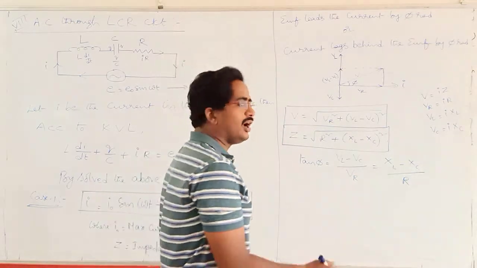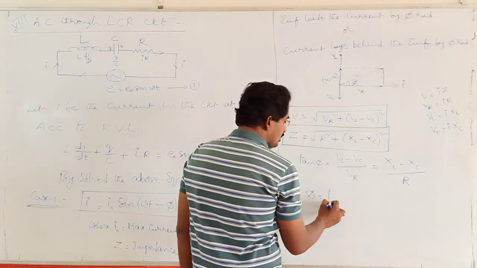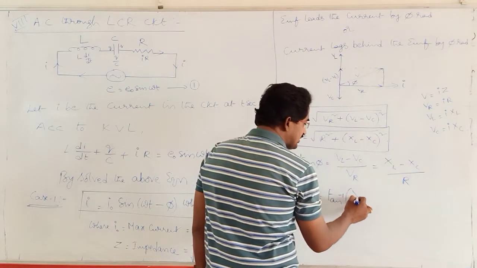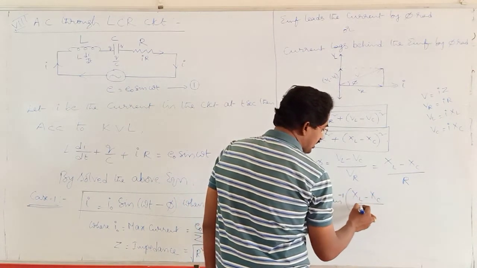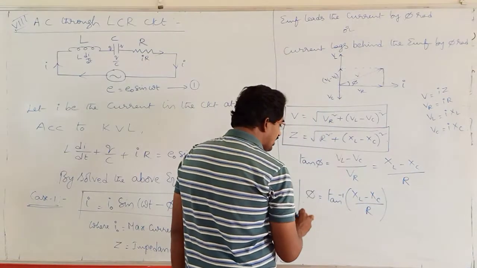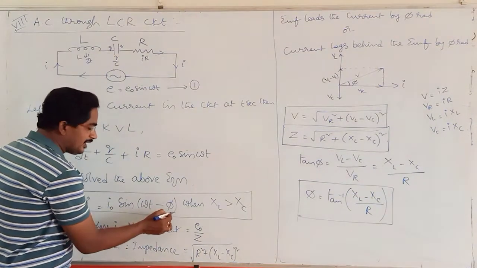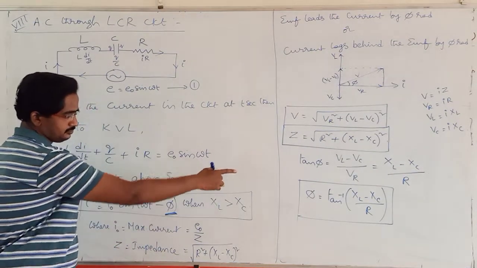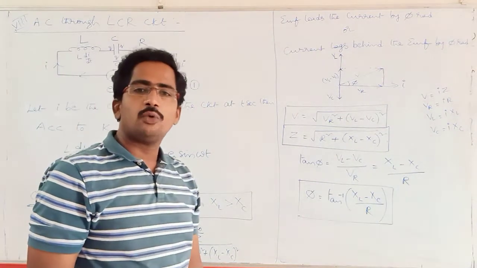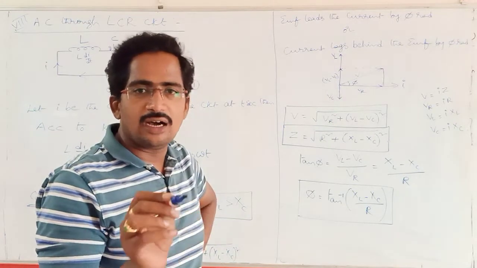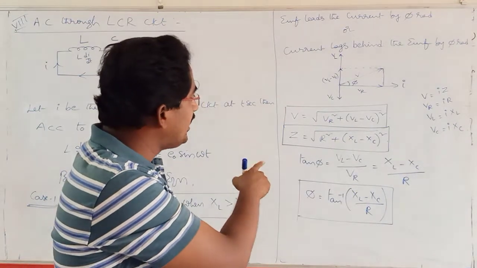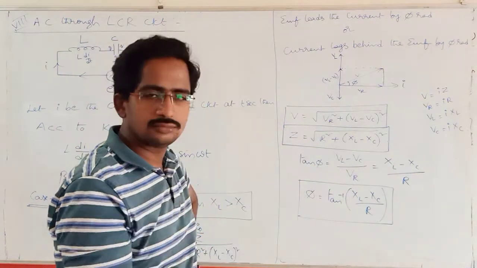Then phi equals tan inverse of (XL minus XC) by R. It is the phase difference value. Do remember it well.